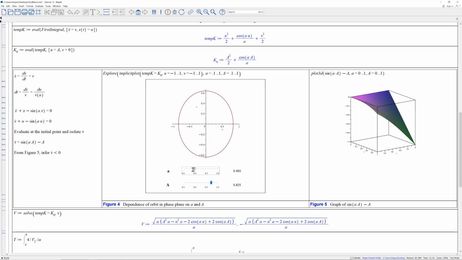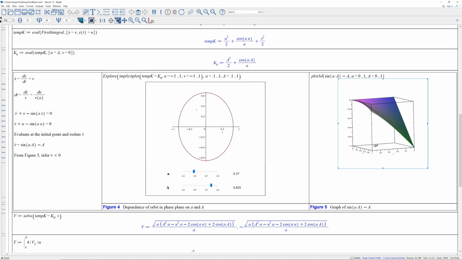So you see you got these closed curves for the orbit. And what I really want is some way of determining the sign on v dot. So I took this stuff here and I graphed it as a function of little a and big A. And it appears that that quantity on this domain, 0 to 1, 0 to 1, is negative.